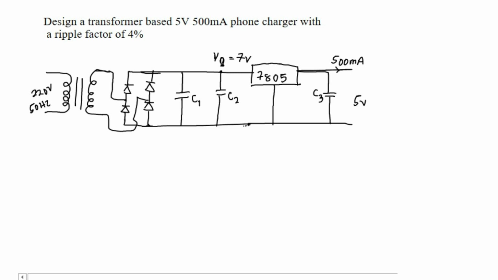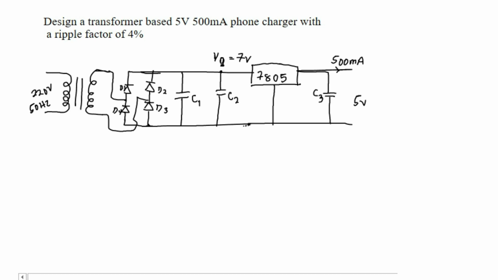Now, if we trace the line back again to this rectifier side, since at any time 2 diodes are conducting, because we are in positive half cycle, two diodes, diode D1 and diode D3 conduct, and during the negative half cycle, D2 and D4 conduct.